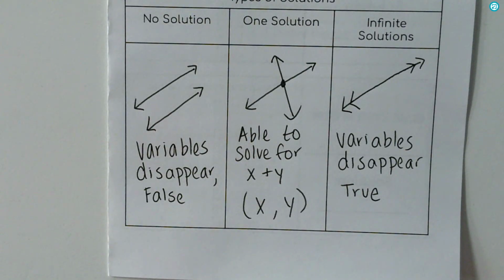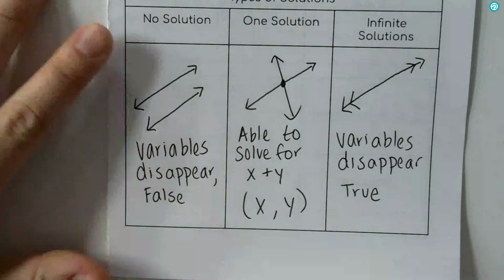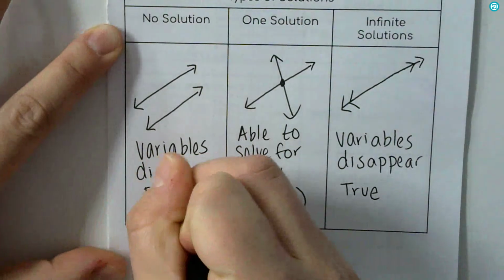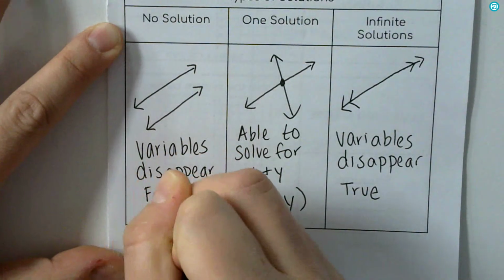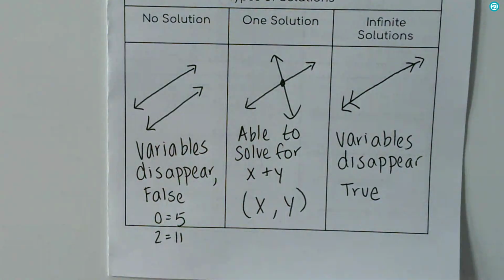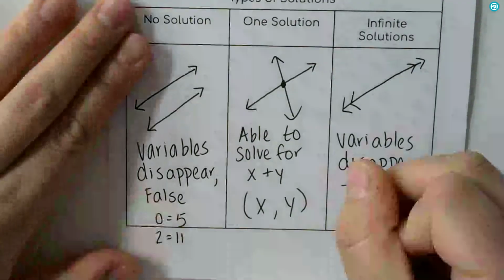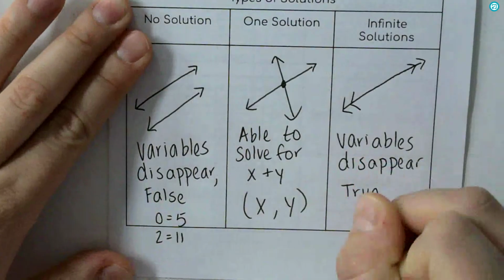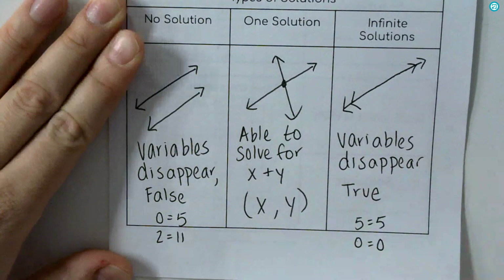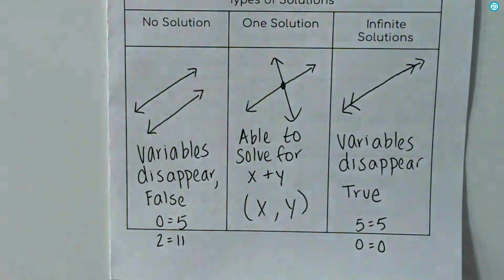So, example of a false statement, something like 0 equals 5 or 2 equals 11. Those are false. True statements is either going to be the same number equals itself, so 5 equals 5, or a lot of times it'll be 0 equals 0. If you want to give yourself some examples there.